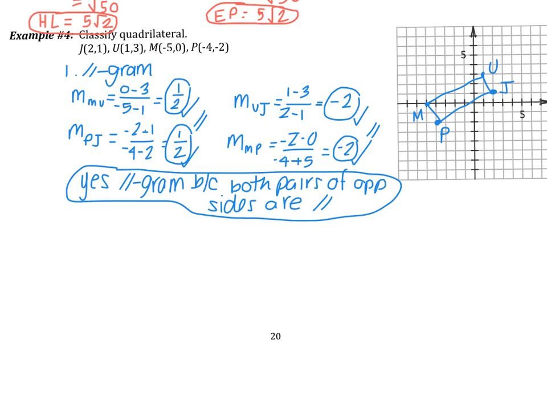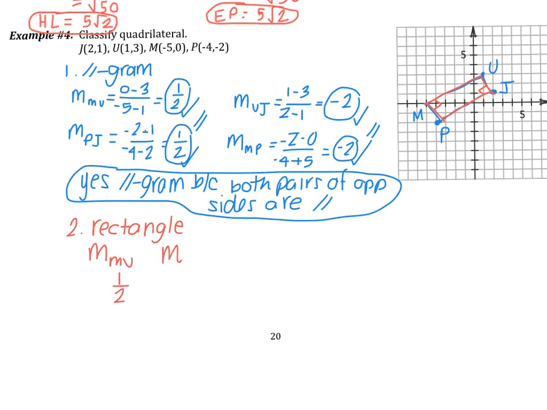Now my next idea is to prove either rectangle or rhombus. Why don't I just start with rectangle? So my second thing is proving, is it a rectangle? Well, with rectangle, I can prove 4 congruent angles or diagonals are congruent. Well, because I know the slopes, I'm going to go back to the idea of proving that right angle idea. If I can prove that the slopes are perpendicular, I have my right angles. So if I look at the slope of MU, it's 1/2.